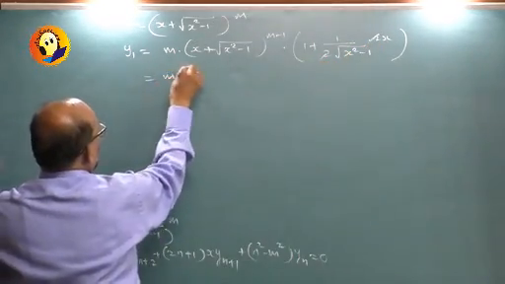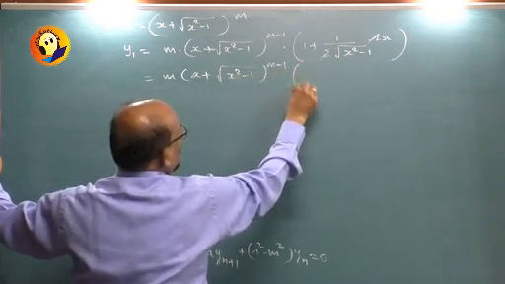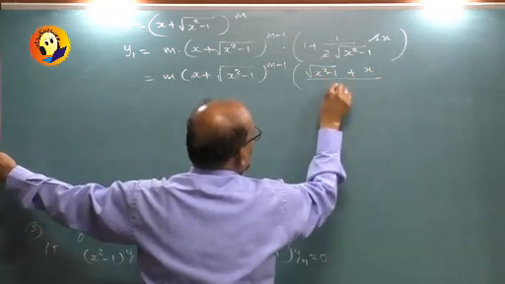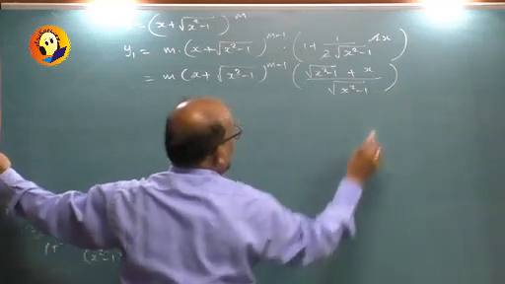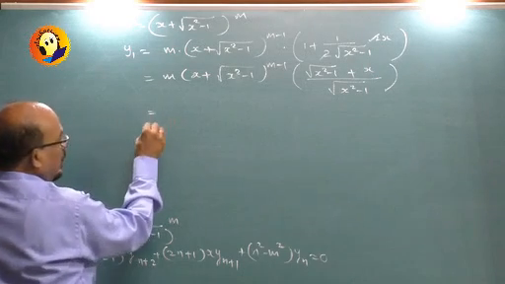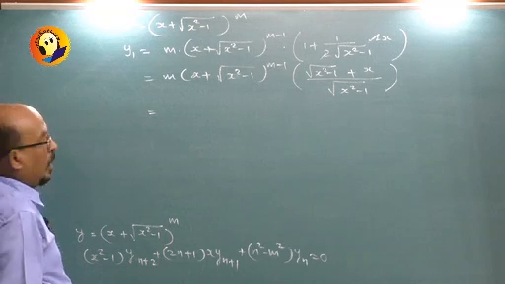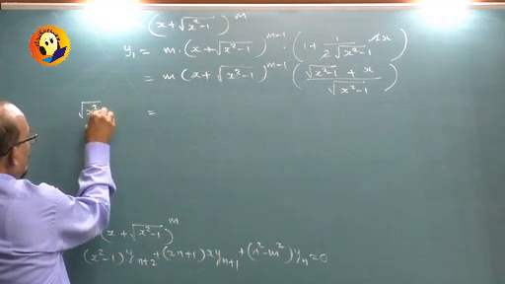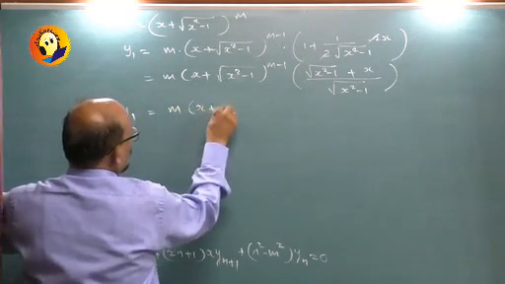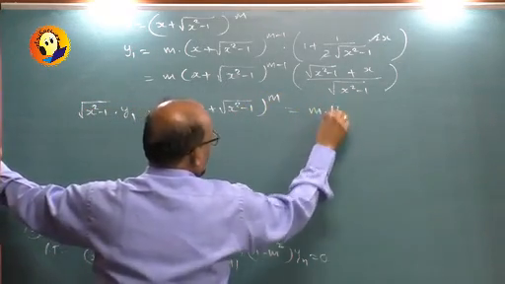So it will be m into x plus root of x square minus 1 bracket raised to m minus 1. After taking LCM, it will be root of x square minus 1 plus x upon root of x square minus 1. So it becomes m upon under root x square minus 1 into y. Okay, but I will do it this way. Root of x square minus 1 into y1 equal to m into x plus root of x square minus 1 bracket raised to m, which is nothing but my.